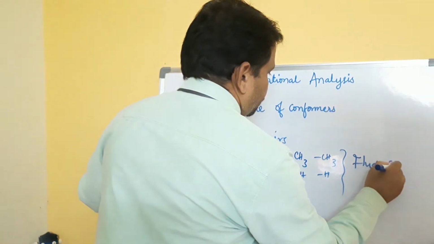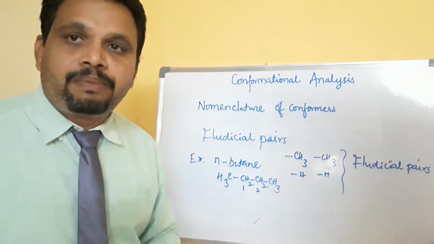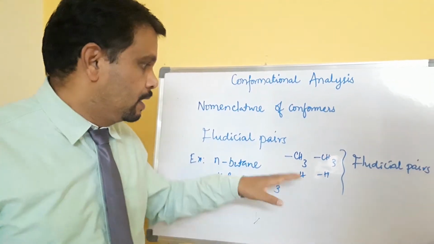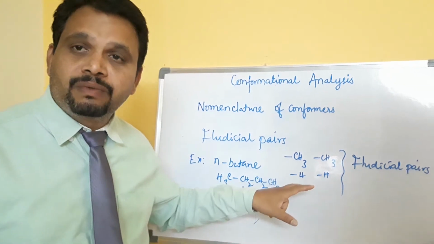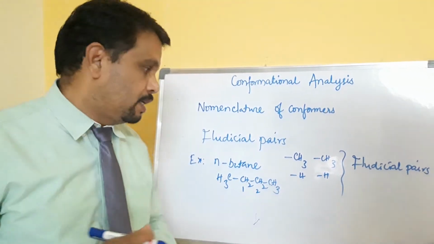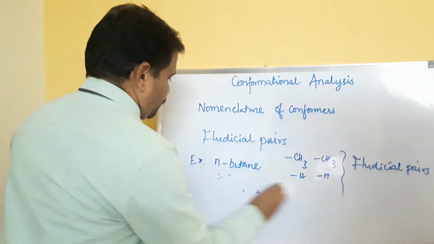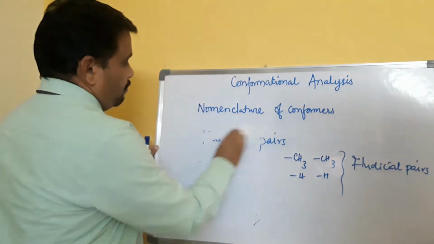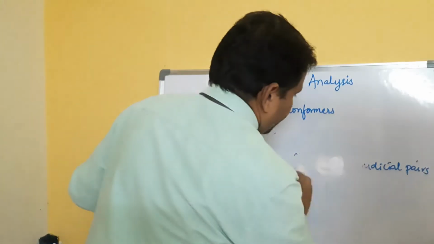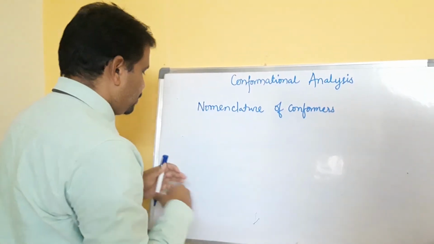Fluidicial pairs are top priority groups or atoms which exist on adjacent carbon atoms. With this example I can explain the nomenclature of conformers.